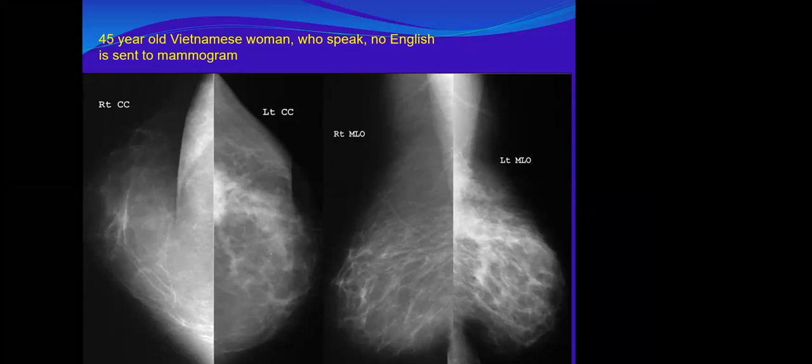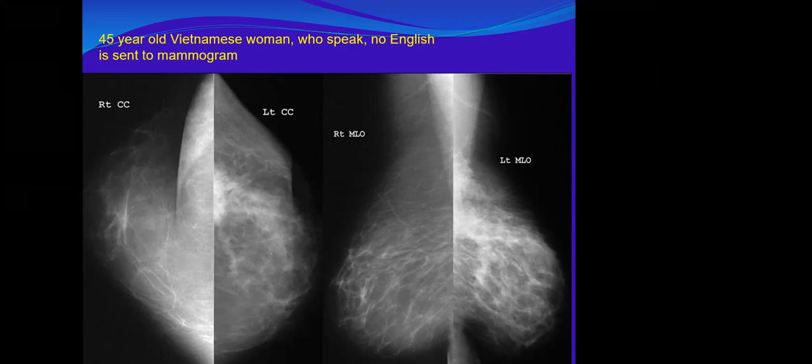At the same time, as technique, maybe it's not as symmetrical. Okay, suboptimal. Yes, agree, it is suboptimal, but there is a left global asymmetry. Okay, what is next?